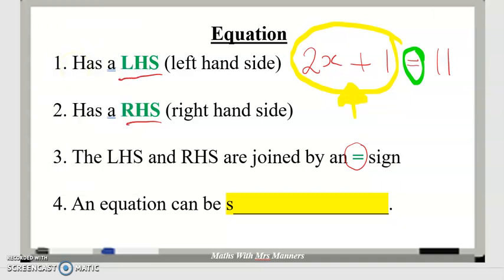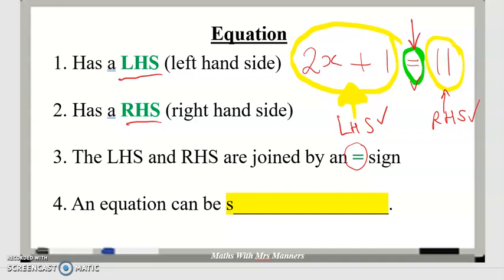That's my left-hand side. And then on the right of my equal sign, I have another expression, or in this case, just an integer, and that is called my right-hand side. So you must have a left-hand side, tick, you must have a right-hand side, tick, and they must be joined by an equal sign. And yes, they are. The left-hand side is joined to the right-hand side by this equal sign here.